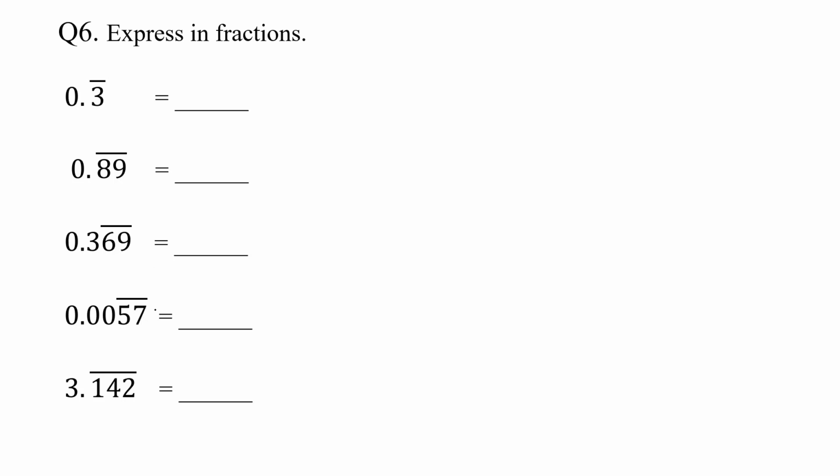Now I can solve this question. The total is 57 minus 0 divided by, two numbers have the bar so 99, and two numbers don't have the bar but are after the decimal, so I can put 2 zeros. So 57 by 9900.